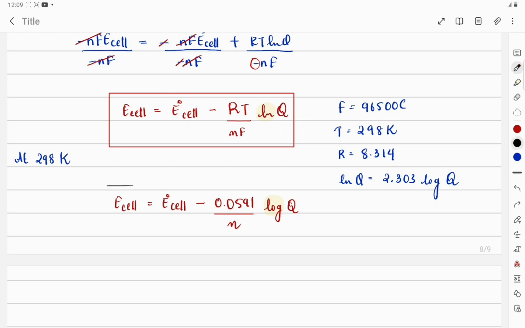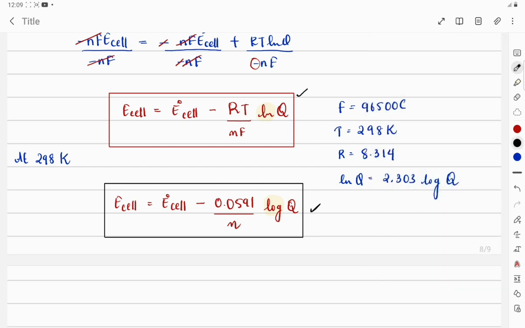So this is also another way of writing the Nernst equation. Both are correct, but if it is at 298 Kelvin, this will be an easier one to use. That will save you some time for substituting for R and F. And if it is not at 298 Kelvin, you should always use the earlier one, otherwise your answer is going to be wrong.